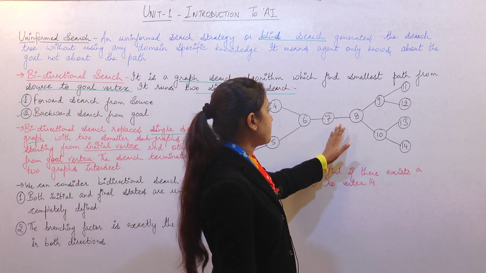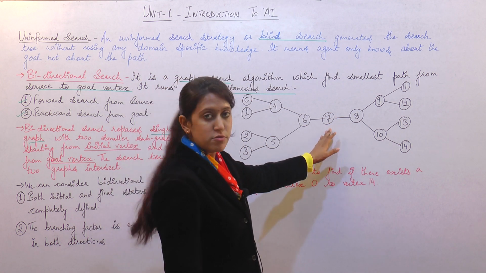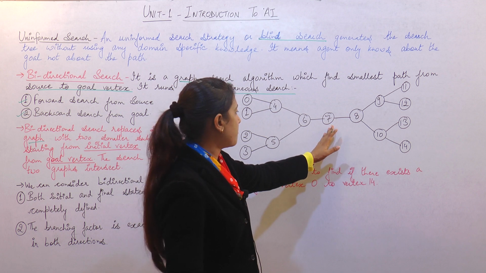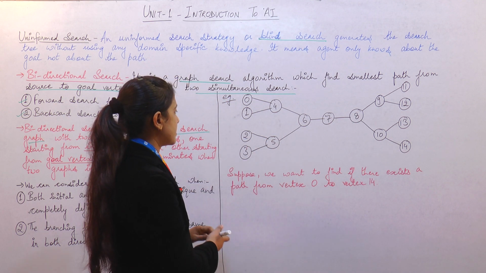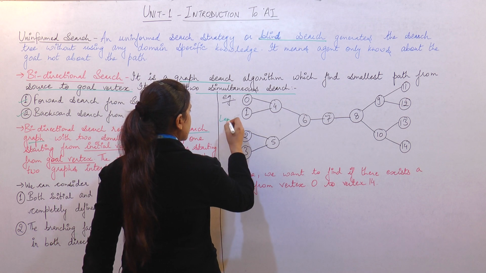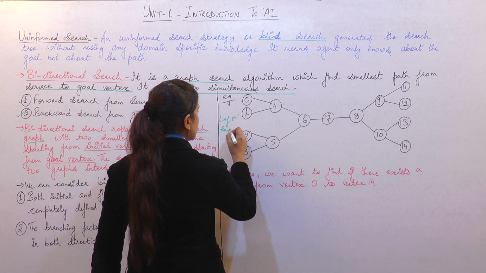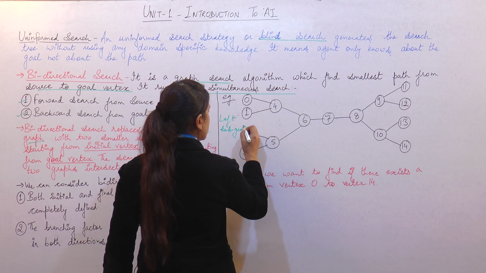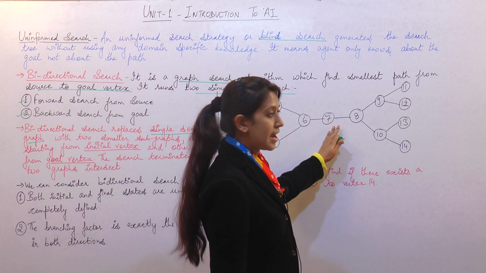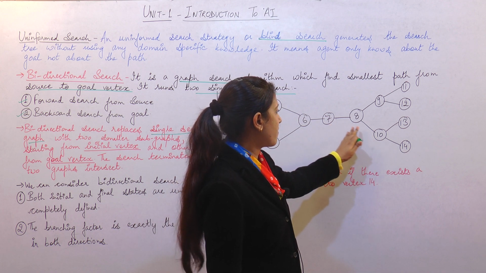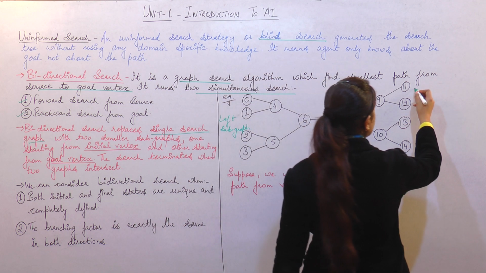Suppose we divide this graph into two subgraphs. The graph left of node 7 is considered as the left subgraph, and the graph on the right side of node 7 is considered as the right subgraph.